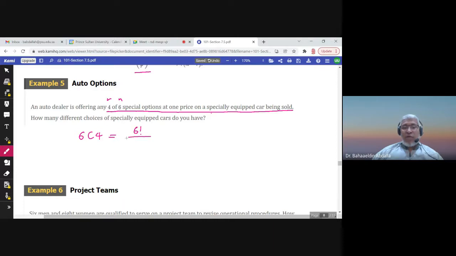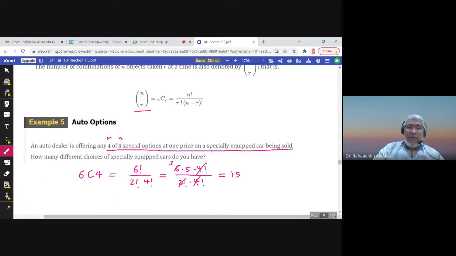If you want to use the definition, it's 6 factorial over 6 minus 4, which is 2 factorial, times 4 factorial. This is 6 times 5 times 4 factorial over 2 factorial times 4 factorial. 2 factorial is 2, so 3 times 5 is 15, and 6C4 is just 15.